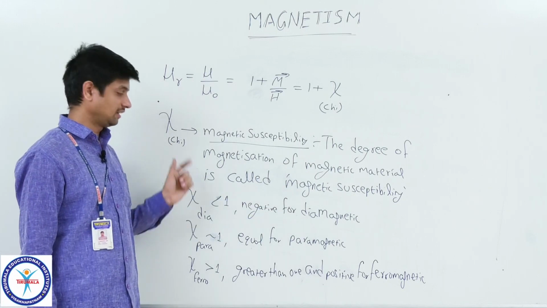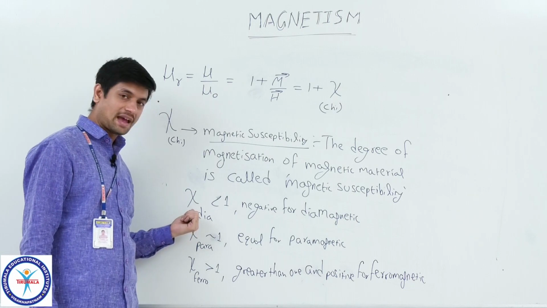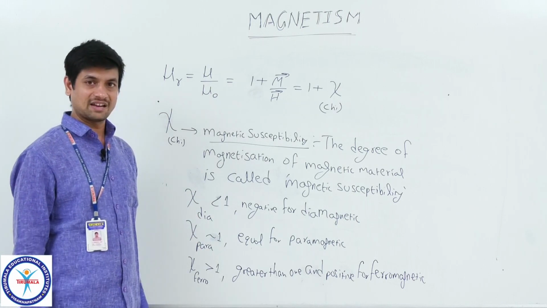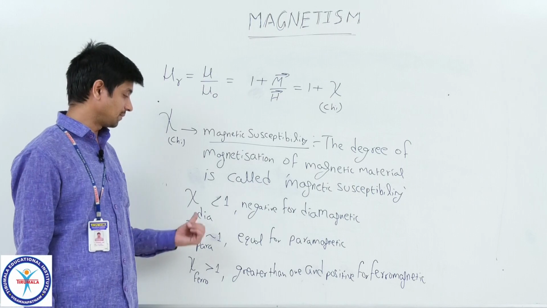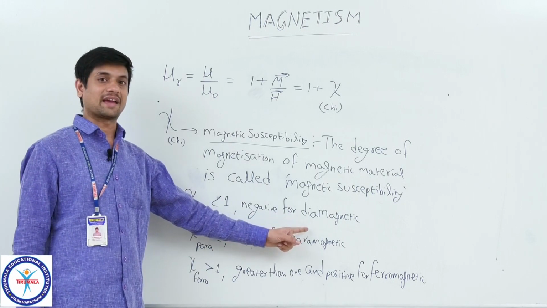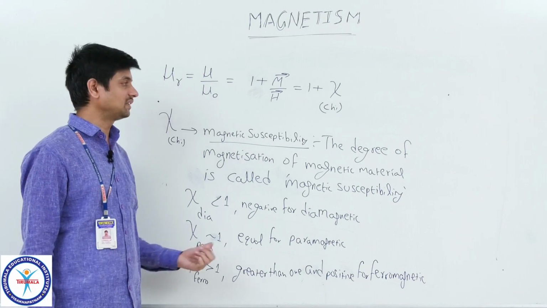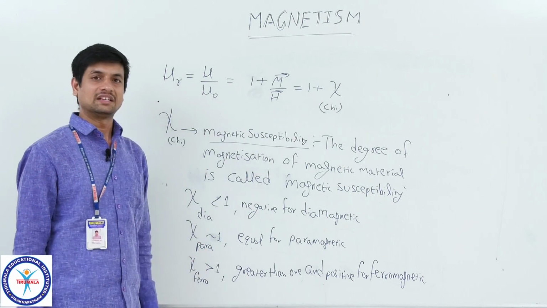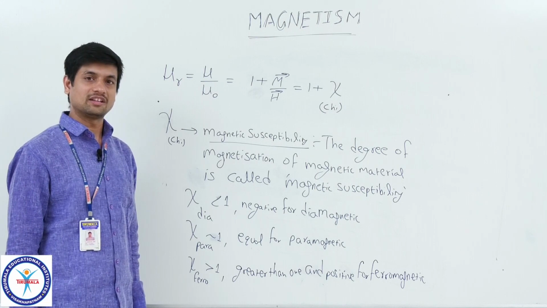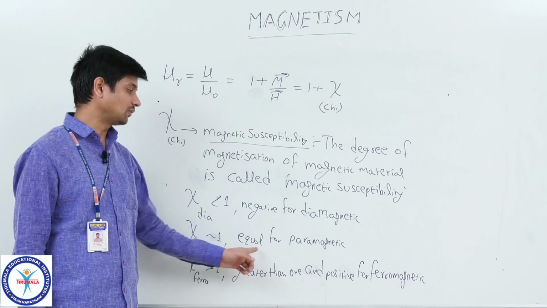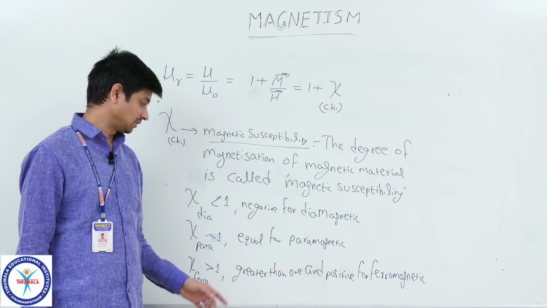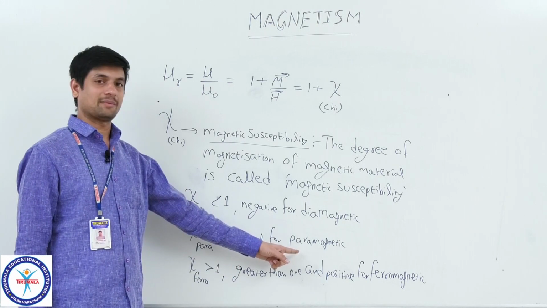The denotation is chi. If this value is slightly less than 1, meaning a negative value, the material is nothing but diamagnetic. And if this chi value is nearby 0, what happens? It is equal for paramagnetic material.